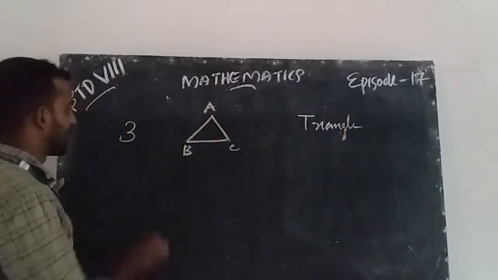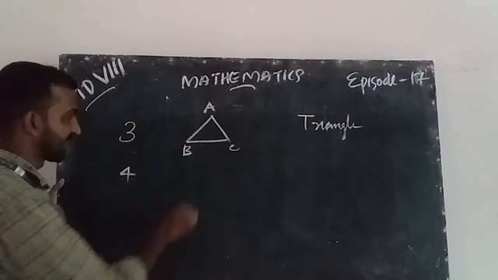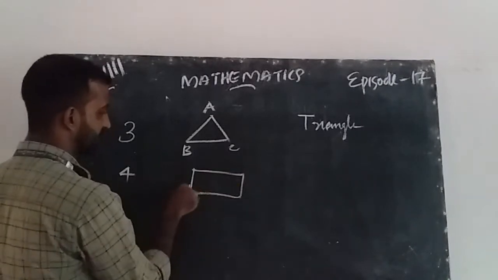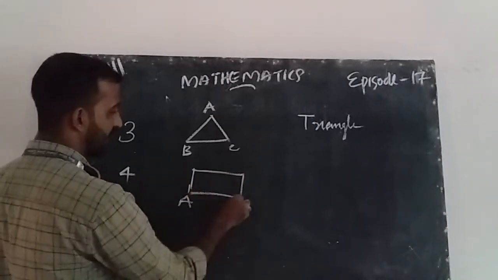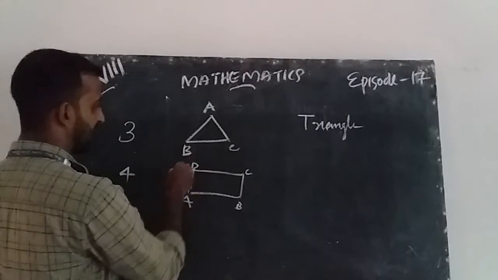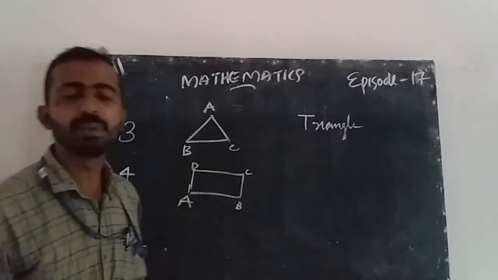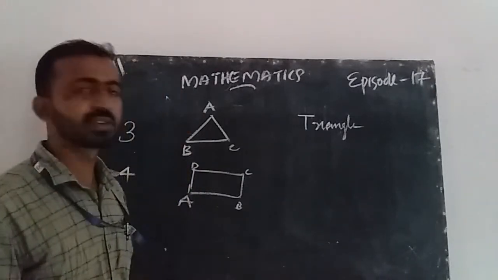Number of vertices 4: A, B, C, D. The name is what?